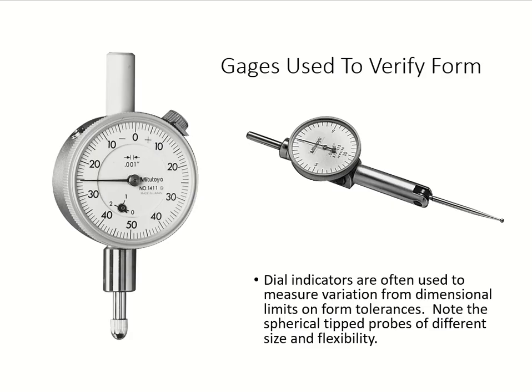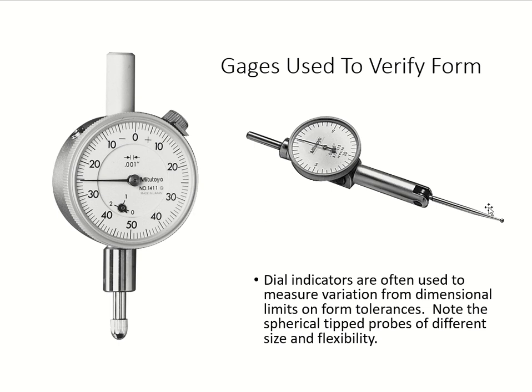We use the gauges, of course. These are your dial indicators, so a review of your metrology. We're going to use it to measure the variation from the dimensional limits. Again, on the form tolerance, you have different types of tolerance. We're getting into the very first one, which is your form. In form, we're getting into the straightness.